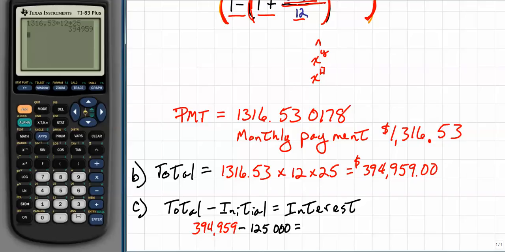Now the cool thing about this is I already have the $394,959 in my calculator, so I'm simply going to press the subtraction key, type in 125,000, press enter, and then I end up with 269,959. So that means we paid $269,959 in interest.